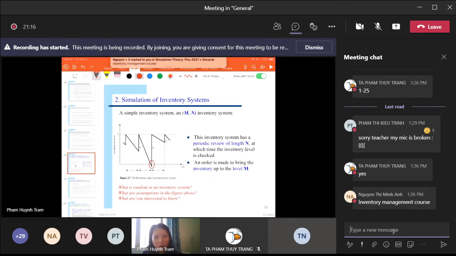So what happens in inventory management? What is our concern in inventory management? We have to monitor our inventory and make sure that we always have enough stock to sell to the customer.